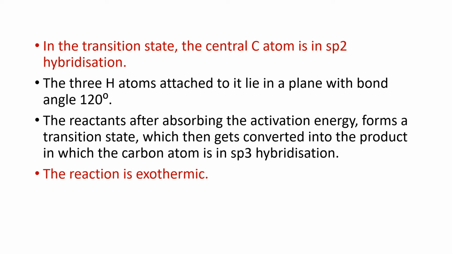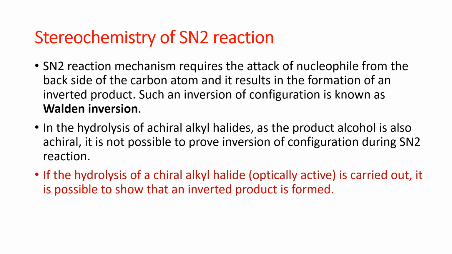In the transition state, the carbon atom is in sp2 hybridization, and in the final product that gets changed to sp3. And already we have seen in SN2 reaction there is the possibility of inversion. So if you start with a chiral alkyl halide, inverted product will be formed.